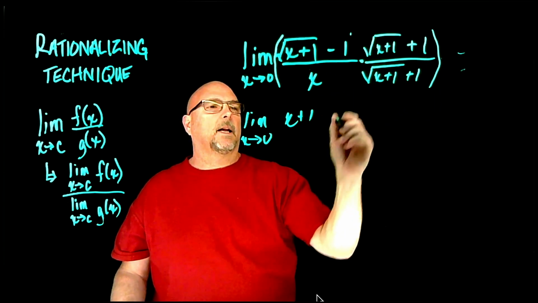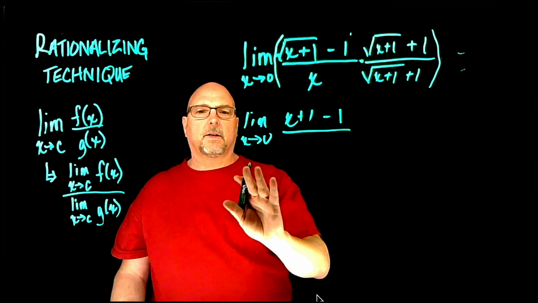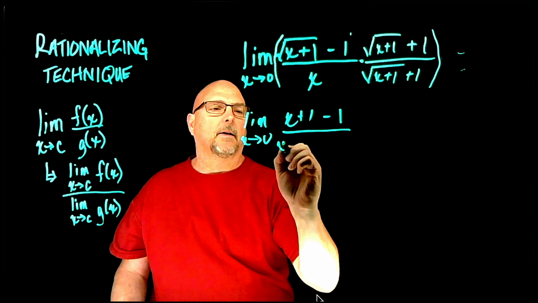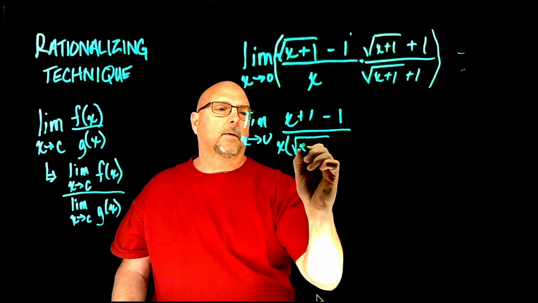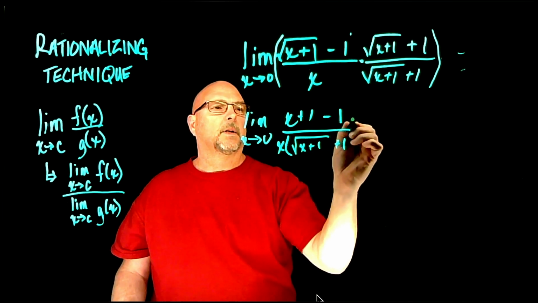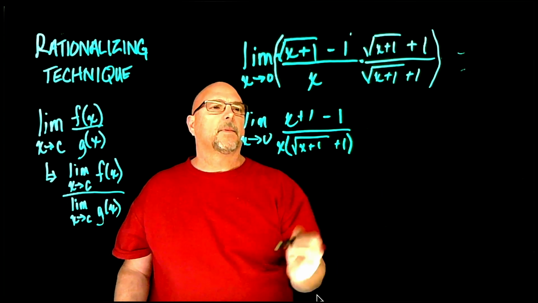And last times last, minus 1. In the bottom, I'm not going to do anything. I'm not going to distribute this x, and you'll see why in a second. Because I'll have x times the square root of x plus 1, plus 1. Okay, so put my parenthesis there.